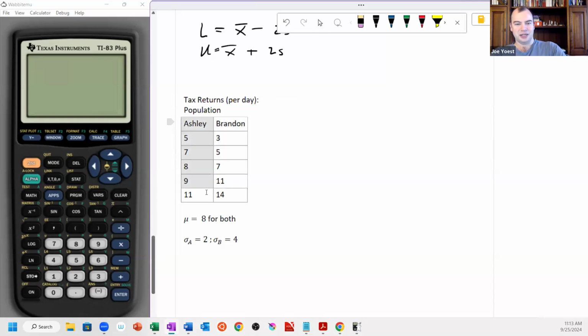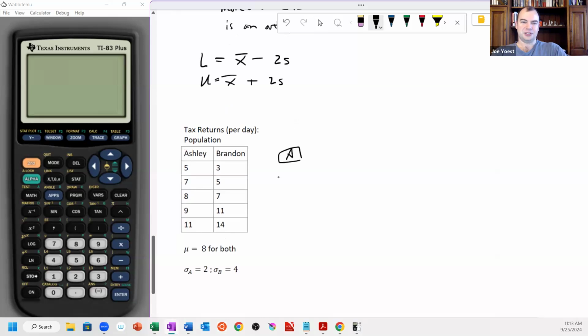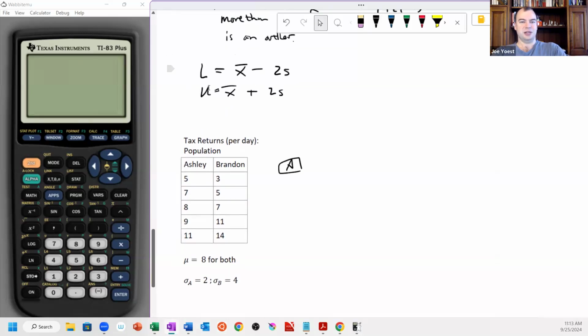Okay, so let's investigate each of the Ashley and Brandon data sets to see whether we see any outliers in either of them. For the Ashley data set, my idea is to construct a lower and an upper bound that represent the minimal and maximal non-outlier data values. Ashley's lower bound is going to be her mean minus twice her standard deviation.